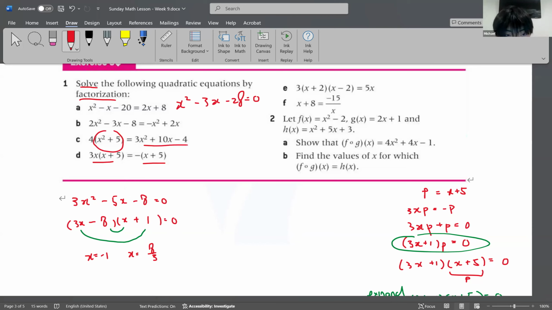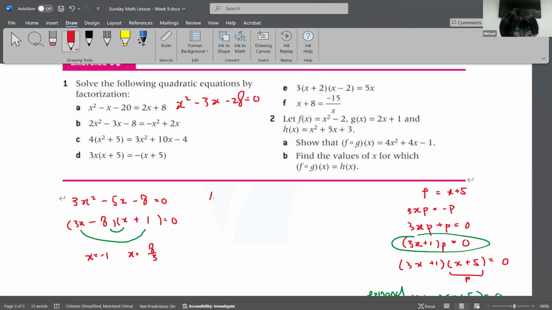On the right hand side, is it possible that we save some effort by preserving one of the factors? In other words, can we get an x plus 5 or x minus 5 out of this? Sorry, no, it's a plus 5. There's no factors that you can use. Okay, in that case, we just expand everything.